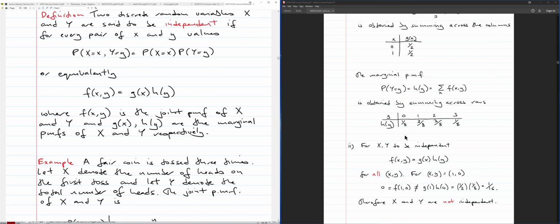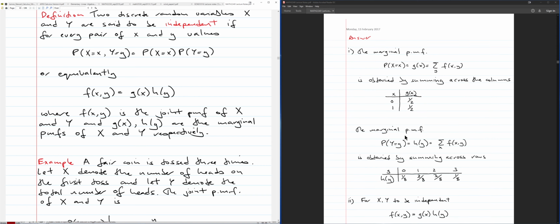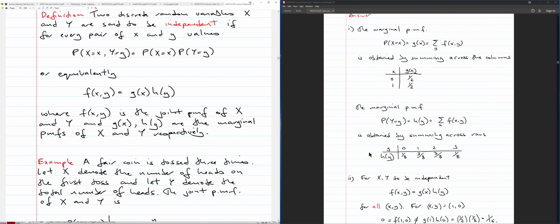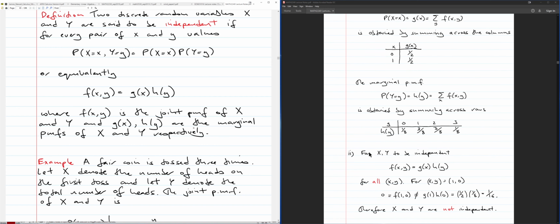What that means is that for each of these positions over here, this statement has to hold: your joint probability has to be equal to the product of the marginals. Okay, so we can check that.